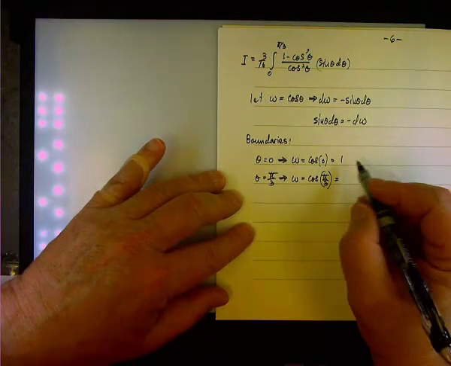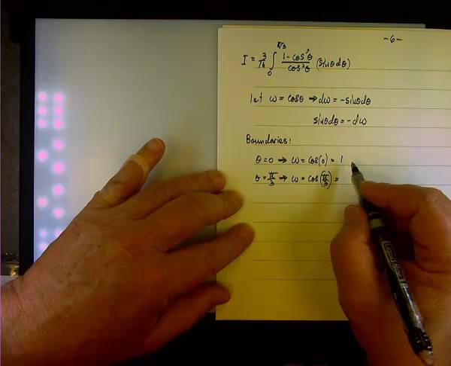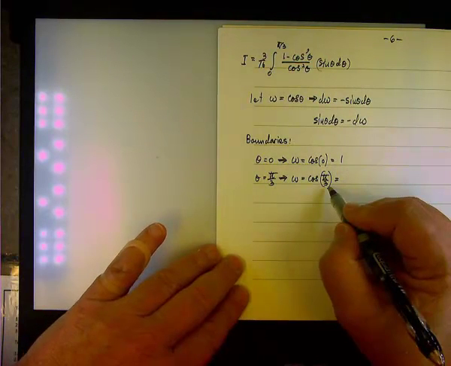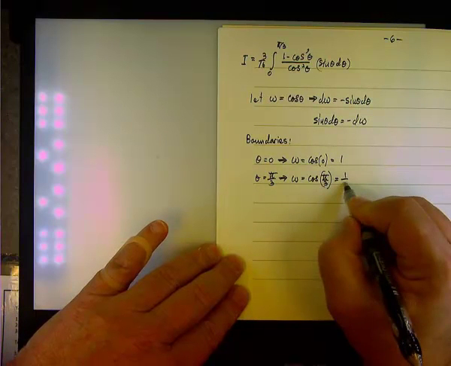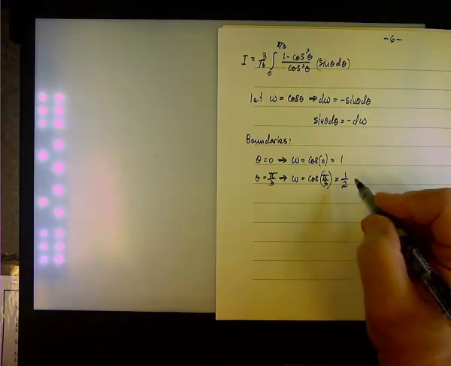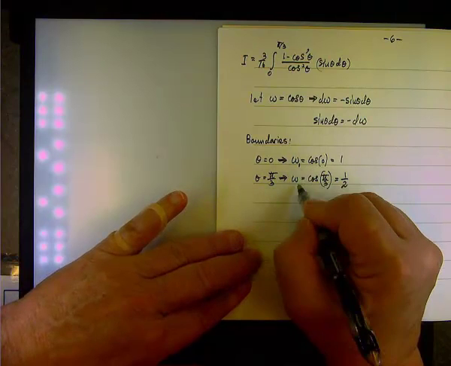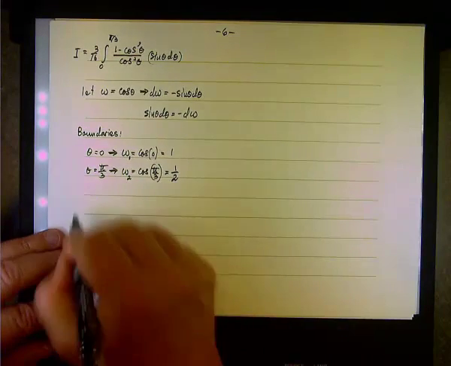Square root of 3 over 2, right? Huh? Cosine of pi over 3 is 1/2. My bad. It's 1/2. So this will be w1, this will be w2. Now, let's get rid of the split and bring it home.